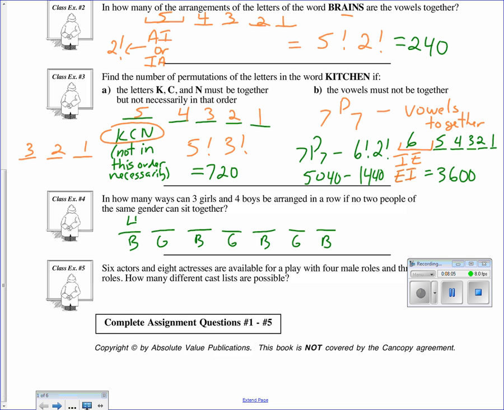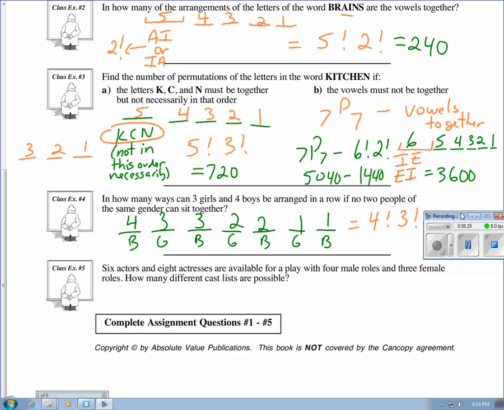Well, there's 4 boys for the first position, 3 boys for the second boy's position, 2 boys and 1 boy. And the girls work through in the same way. What does that simplify to? It actually simplifies into 4 factorial times 3 factorial, which I'll calculate after we deal with the actors and actresses.